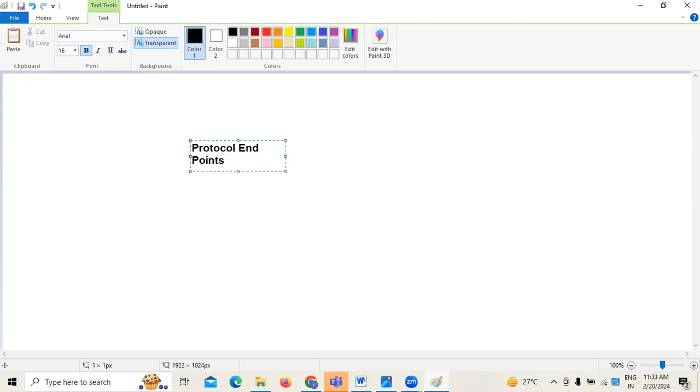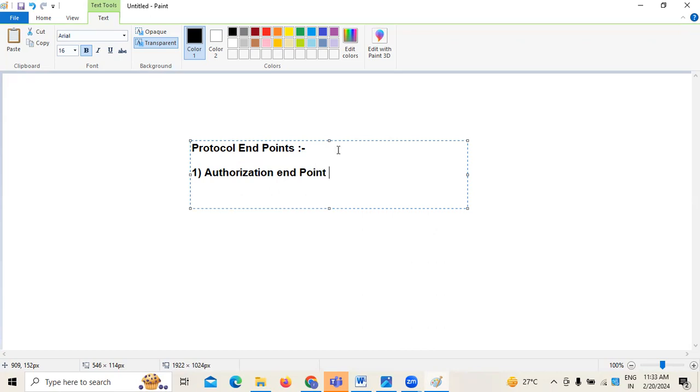When it comes to the protocol endpoints, normally the authorization server endpoints are classified into two parts. The first one is the authorization endpoint. The second one is the token endpoint. These are the two different server endpoints which normally we have.